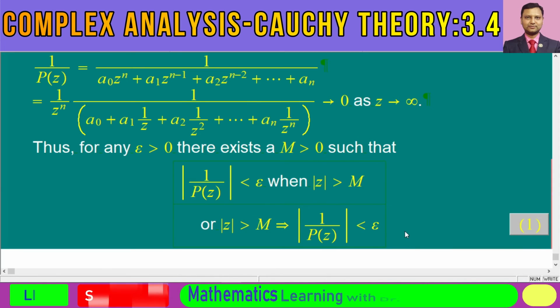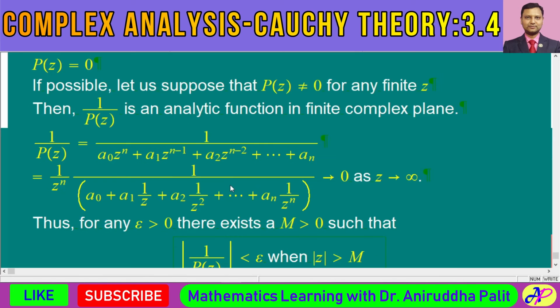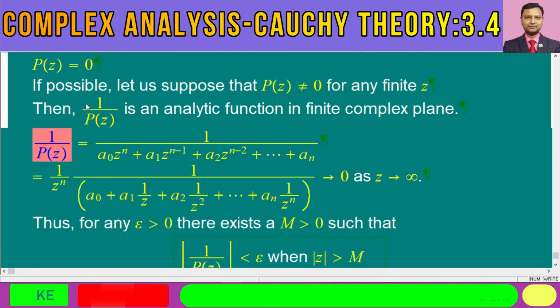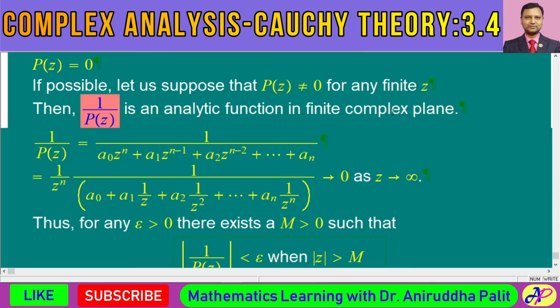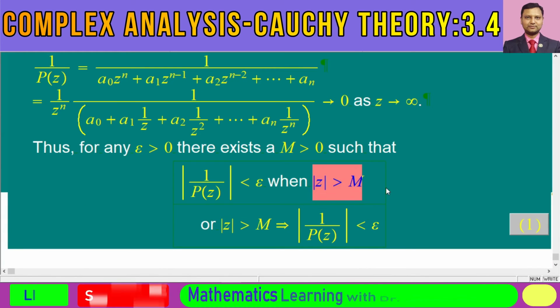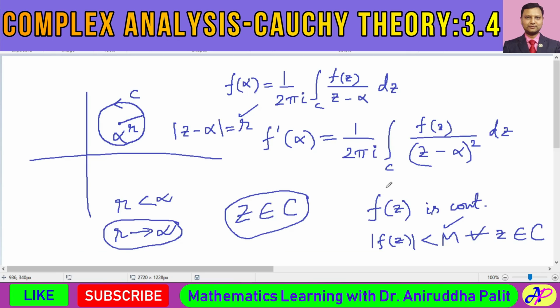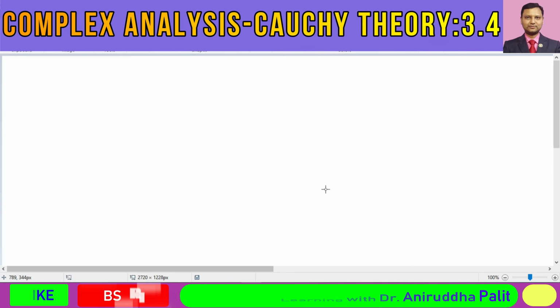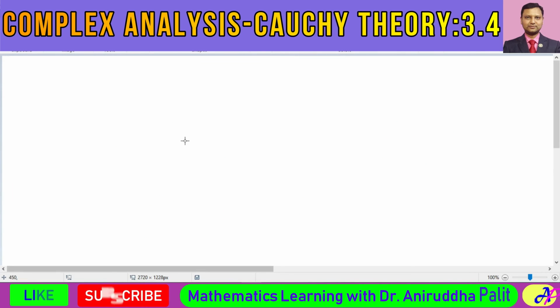Again, we already discussed the fact that this 1 by p(z) is analytic in the finite complex plane. Therefore, we consider the region modulus of z greater than M. Just try to understand this picture.